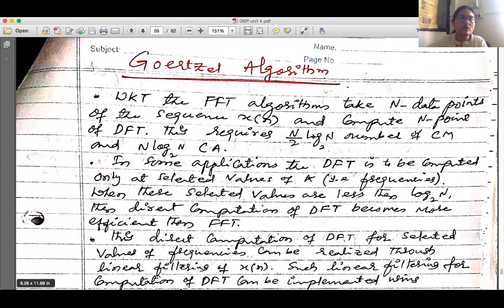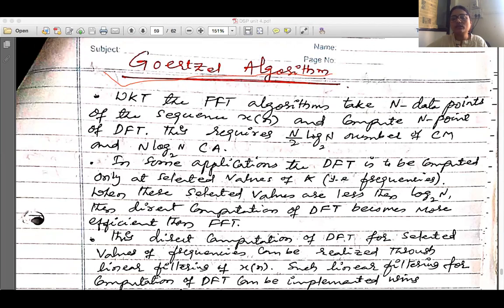This is another way of computation of DFT. One way of computing the DFT is by using the DIT and DIF algorithms. Another way of computing the DFT is by using the Goertzel algorithm.